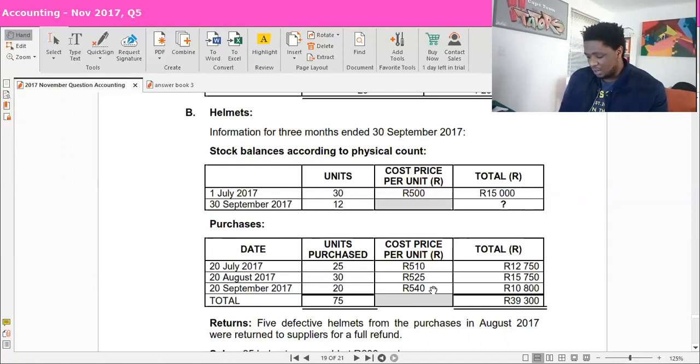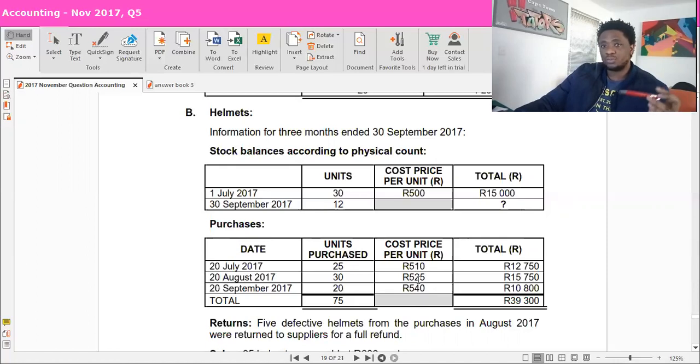And then the other reason is that the price of these things is steadily increasing. So you can see we bought for 510, 525, and 540. And if you're using the weighted average method, you go back to the price that's closest to 510. But you're not considering the fact that these things are steadily increasing.